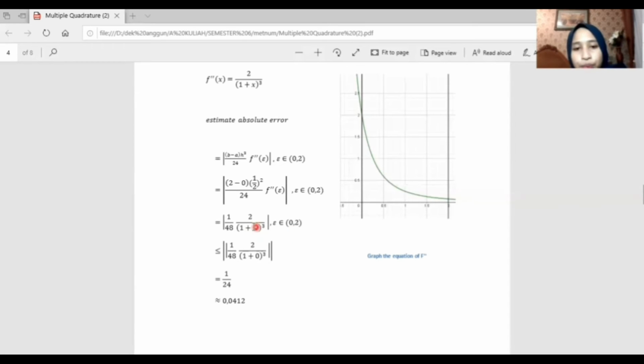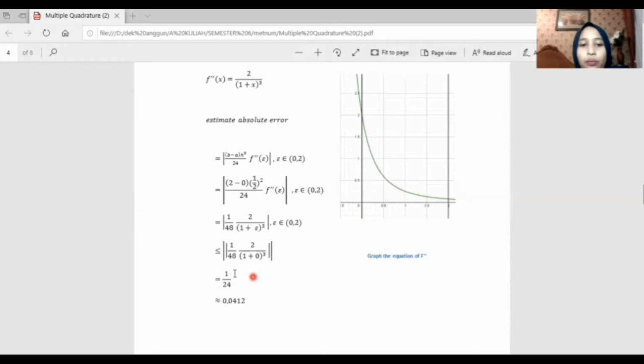So we look for the value of epsilon. Di sini kita akan cari nilai epsilon. Nilai epsilon itu kita dapat 0. Kenapa 0? Kita lihat dari grafik ini, karena saat 0 nilainya tuh tinggi, yaitu 2, sedangkan di saat 2 nilainya tuh rendah. Karena itu kita ngambil epsilonnya itu 0.